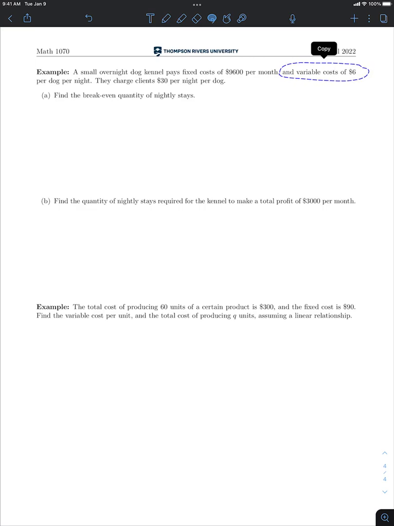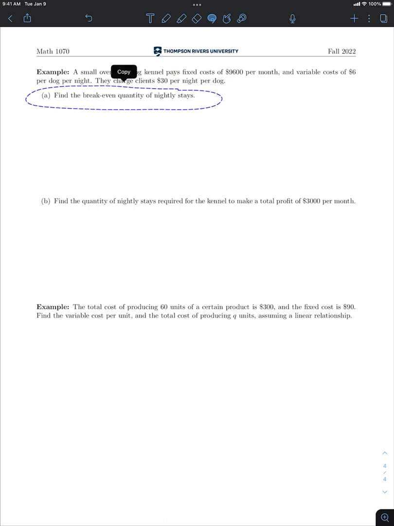So every time a dog stays the night at the kennel it incurs costs of $6, but then they charge their clients $30. Okay, so that's all the information we've got to figure out our variable cost, and our fixed cost is given, so we could figure out the total cost that way. Right, but what we're asked to do is find the break-even quantity of nightly stays.